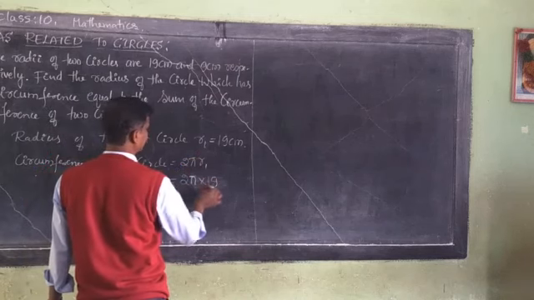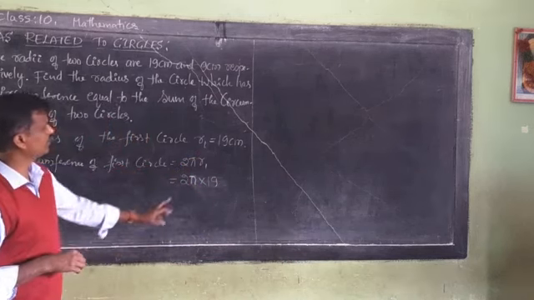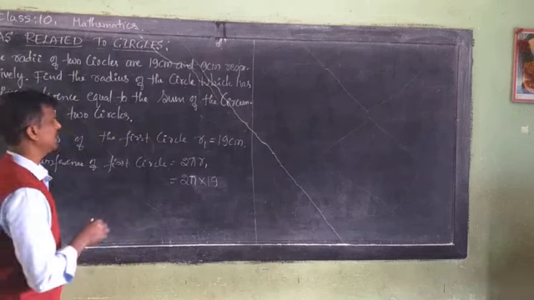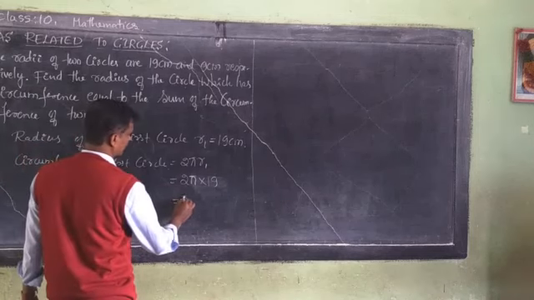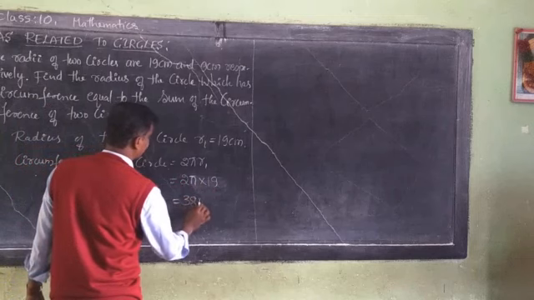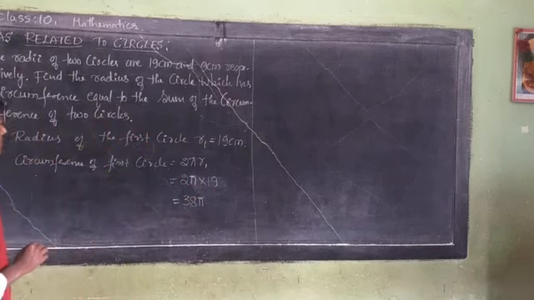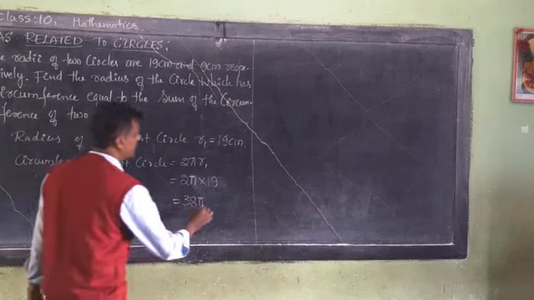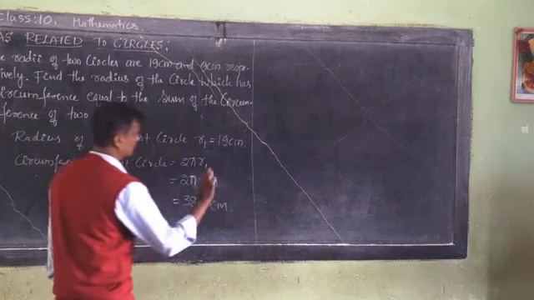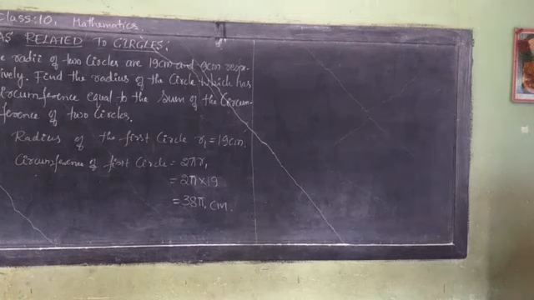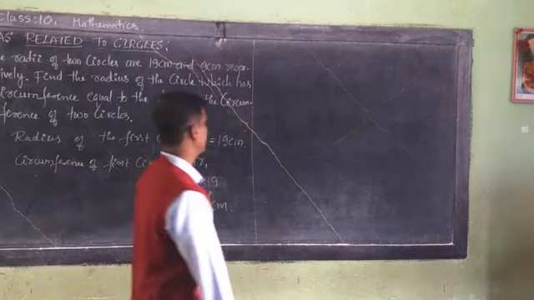We multiply 2 into 19. 19 2s are 38. That is 38 pi. The circumference of the first circle is 38 pi centimeter.